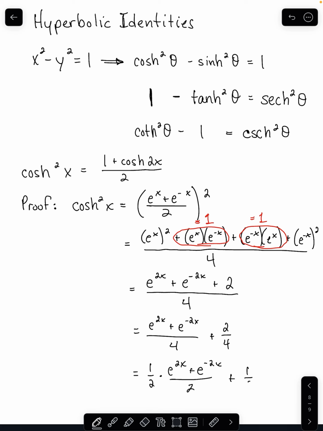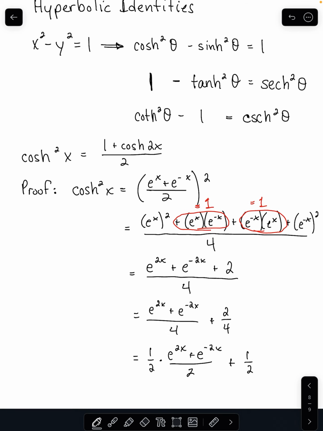And we can simplify the second fraction to 1/2. Thus we have e to the 2x plus e to the negative 2x over 2, which is the formula for hyperbolic cosine with a 2x instead of just a plain x.